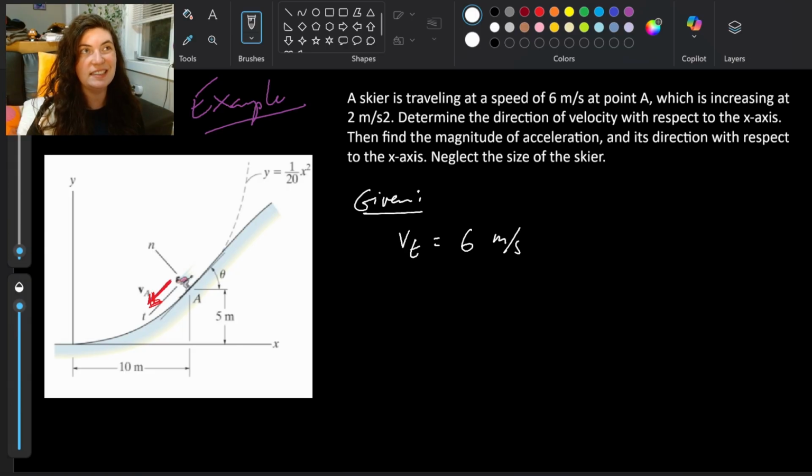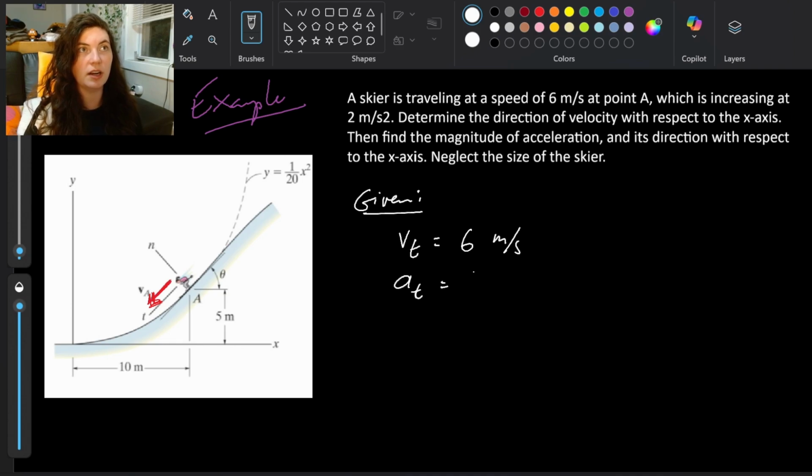And then it says that is increasing at a rate of 2 meters per second squared. So what does that mean when we think about it? If that velocity is increasing by 2 meters per second squared, that's an acceleration. And that acceleration is only along that tangential axis. It's referring to this tangential speed.